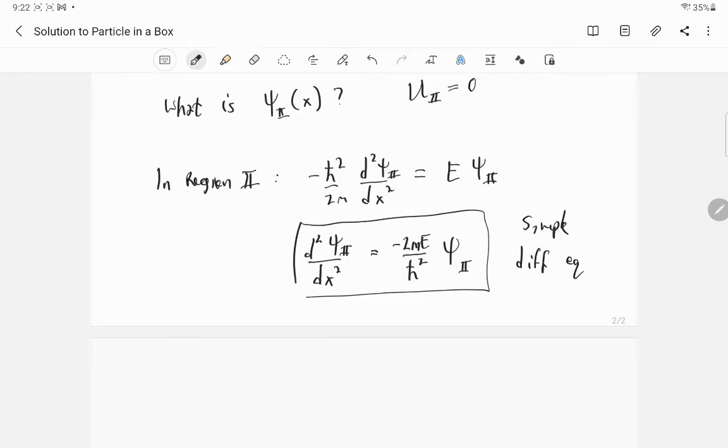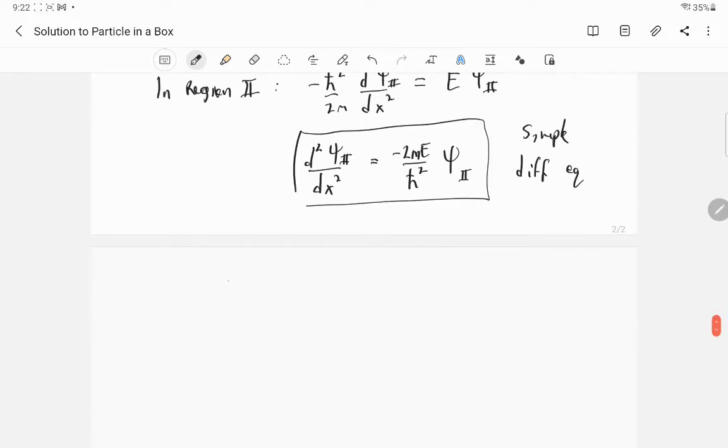And this is a simple differential equation. The solutions are psi sub 2 as a function of x could be a sine kx plus b cosine kx. So a and b are just arbitrary constants.